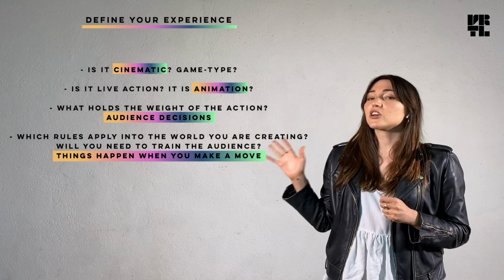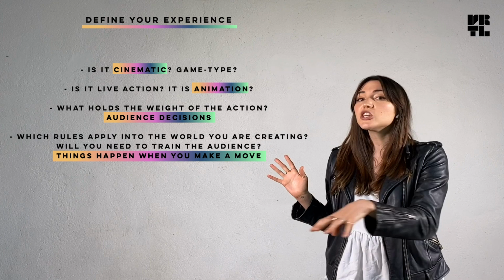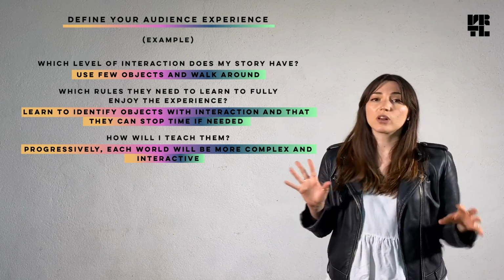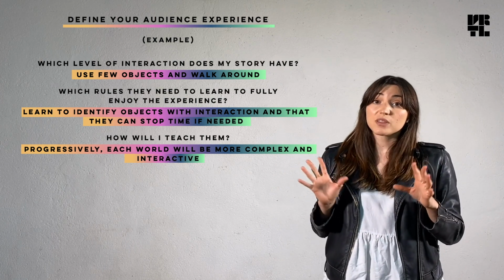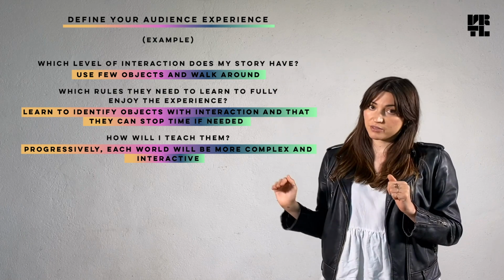The weight of the action is going to be held by the audience's decisions, and the key actions within each wall won't happen until my audience is ready to look at them. As for the audience, they are going to be free to walk around as well as interact with a few objects. Also, each wall is going to be increasingly more interactive.